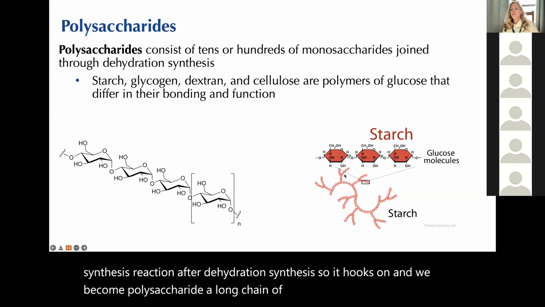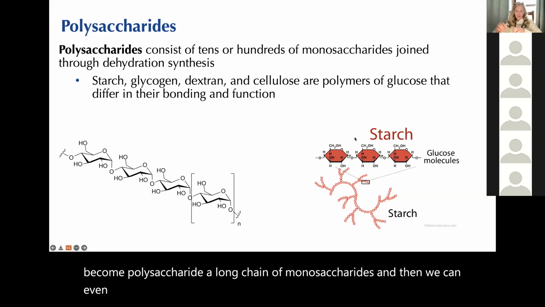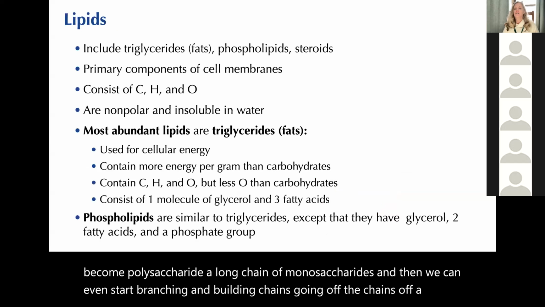And then we can even start branching and building chains going off of chains in different directions. And so we start making our starch, okay? We have branching enzymes that actually make all these branches, linking on to more monosaccharides in different directions.